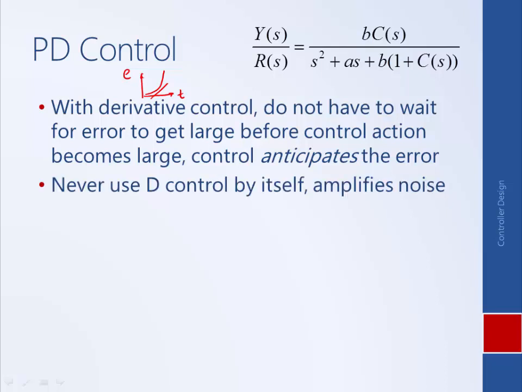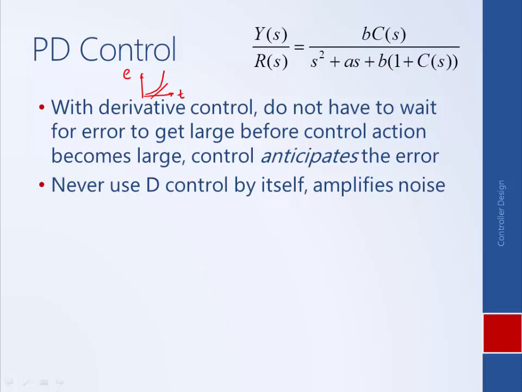Something that we've discussed previously is the fact that differentiation can amplify noise. So we discussed this when we talked about signal processing and we were doing numerical differentiation of a noisy signal. And so this fact means that we should never use D control by itself.